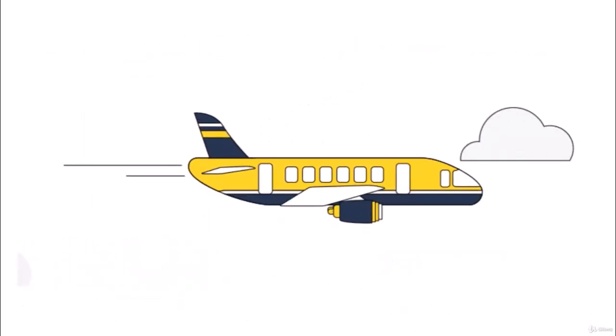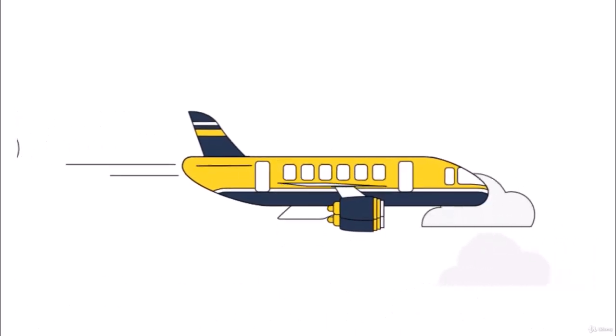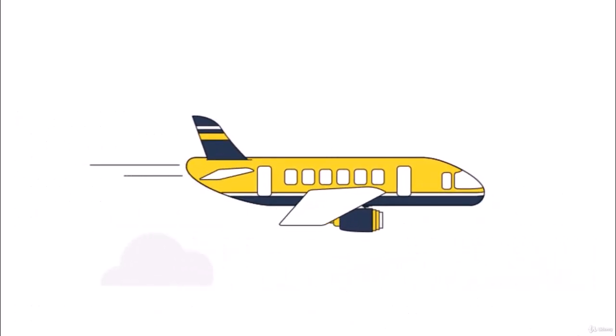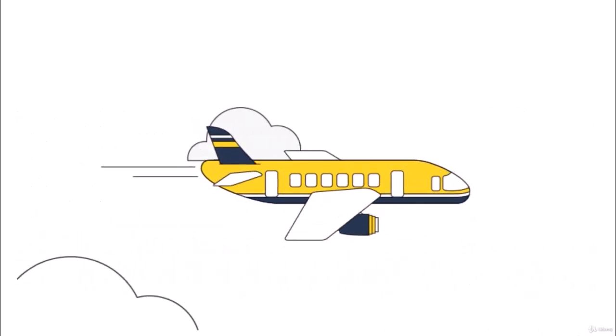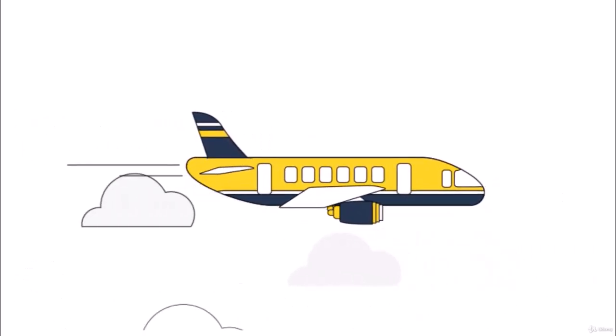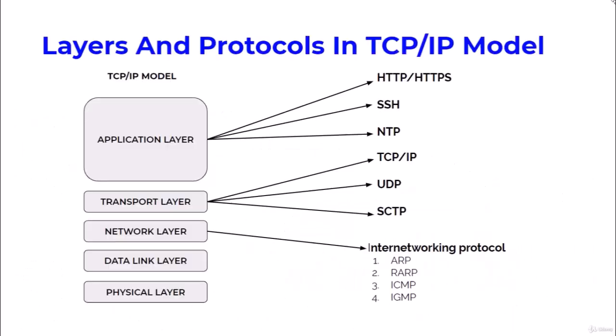Suppose it decides to take the air travel option. After the packages arrive at city B's airport, the carrier service delivers them to the sorting office of city B. The carrier service's job is finished here. So, this part where the carrier service takes the envelopes from one city to another via a medium is the link layer.